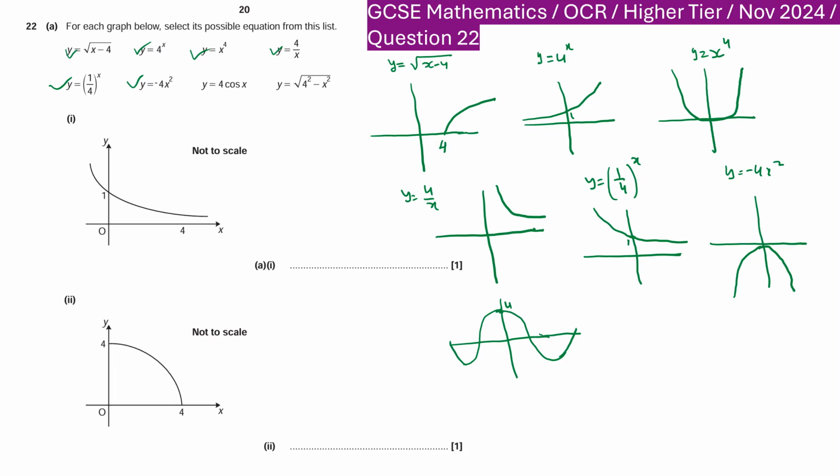So this is 4. Okay, so this is y equals 4 cos x, and then I think we already have got one graph. We know this graph, we know it resembles this graph. So this is y equals 1 over 4 to the power x.